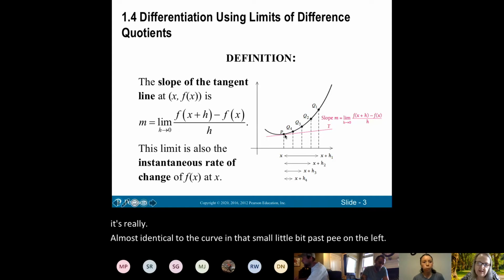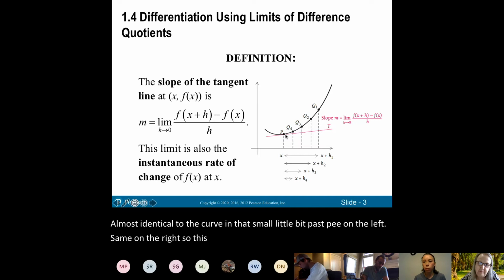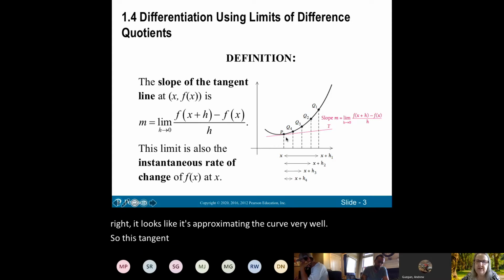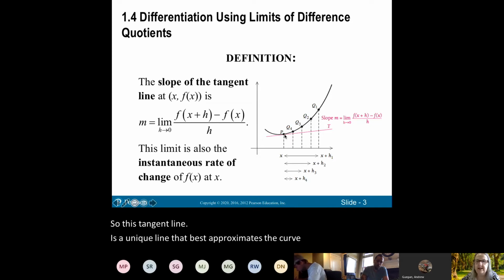Same on the right. This infinitesimal amount of this pink line on the right looks like it's approximating the curve very well. So this tangent line is a unique line that best approximates the curve on both sides of a point, in this case, P.